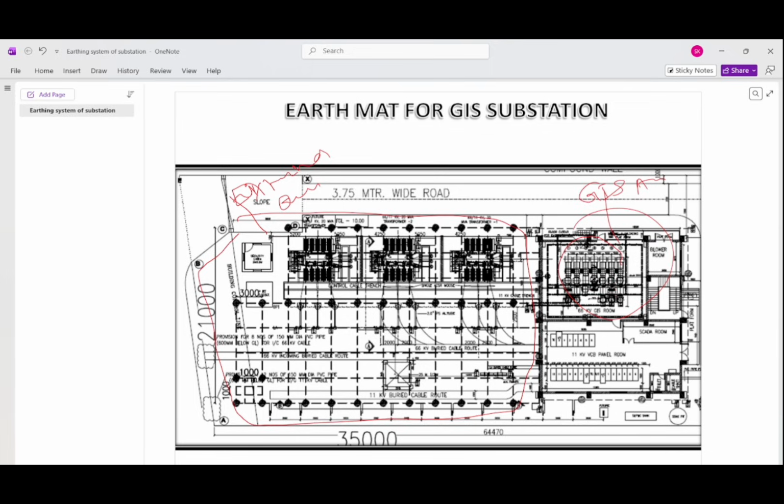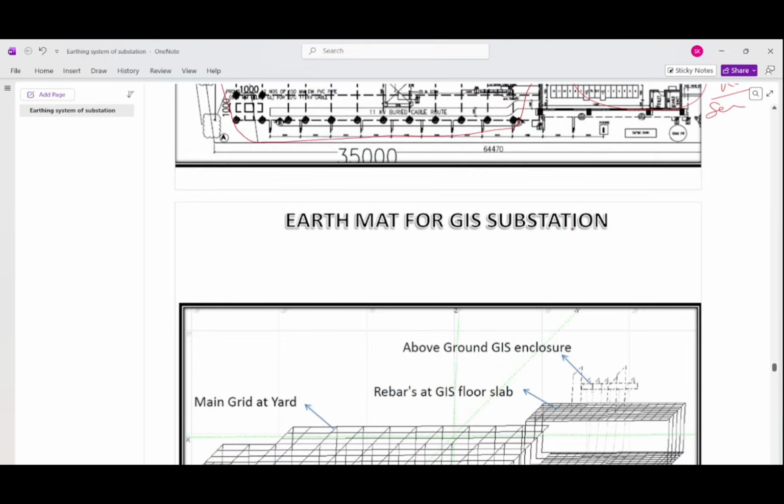Here also in the cable cellar an earthing grid is provided, and this outdoor earthing grid, and the GIS earthing grid. This is a control room. The control room also has a separate earthing. Lightning protection earthing grids are separate, but connected to this earthing grid also. So for both, a combined low resistance path is provided.